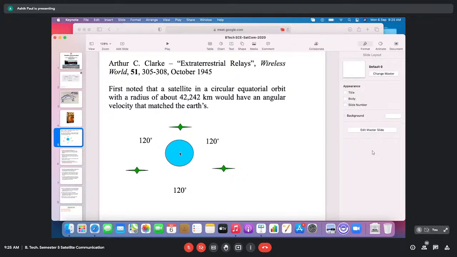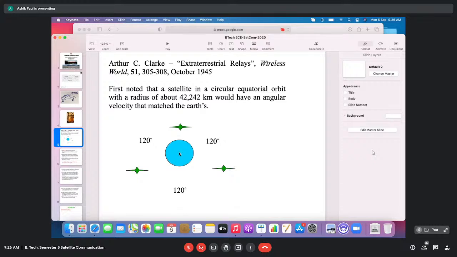So if you subtract the radius of the Earth from this value, you will get the orbital height of those artificial satellites above the surface of the Earth, so that they will have an angular velocity which will be the same as that of Earth.